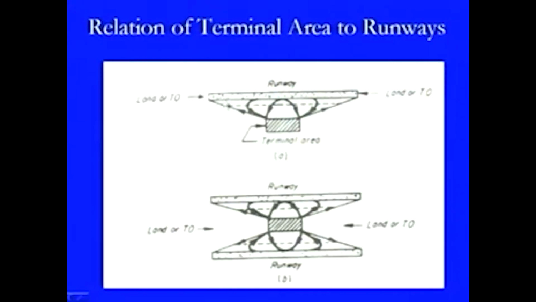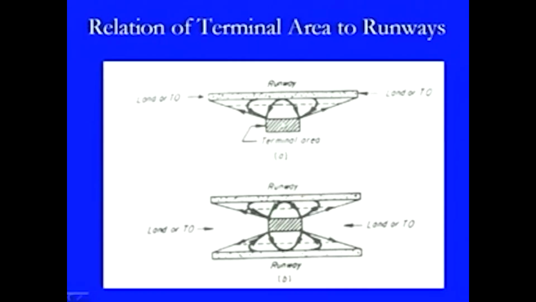Now, here in this figure we are looking at a single runway strip, and in this runway strip one end can be used for takeoff and another for landing, or we can use both ends for landing or takeoff. So, either way it can be done.